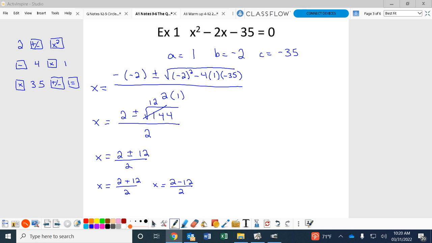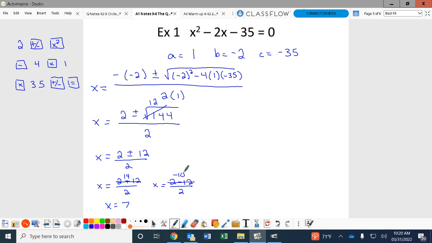Okay. So do the arithmetic. What's 2 plus 12? 14. And what's 14 divided by 2? 7. That's it. That's the first case. Now we got to do the other one. 2 minus 12 would give us what?